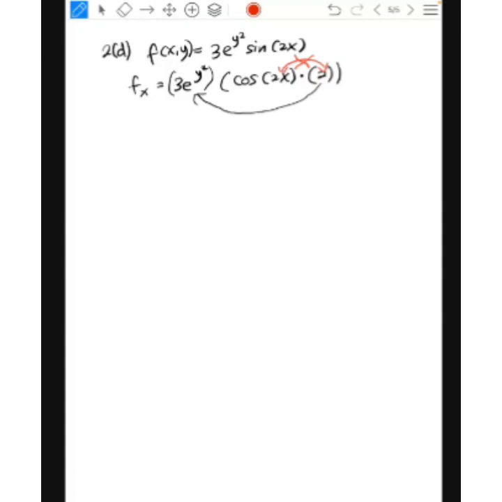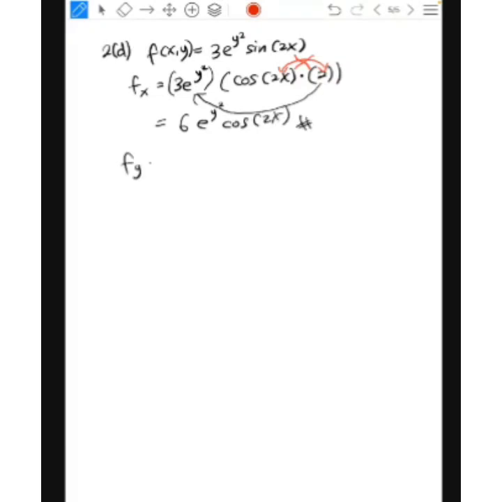Tambah tolak darab bahagi, it will not change the terms of the trigo. Maksudnya if your question is 2x, it will be 2x until the end. So your answer here is 6 exponent y to the power of 2 cos 2x.